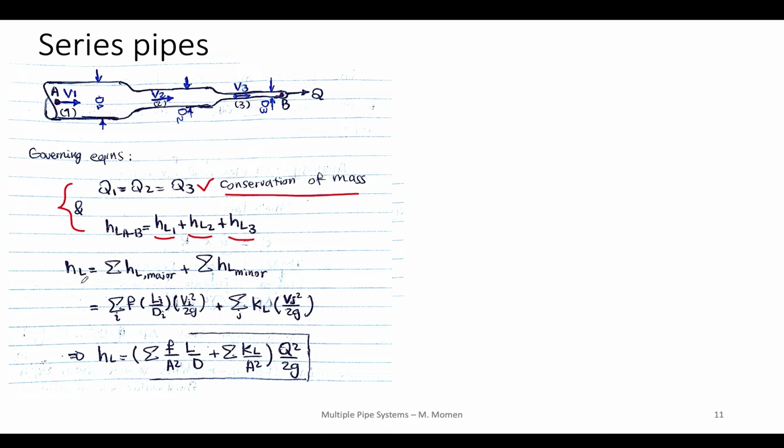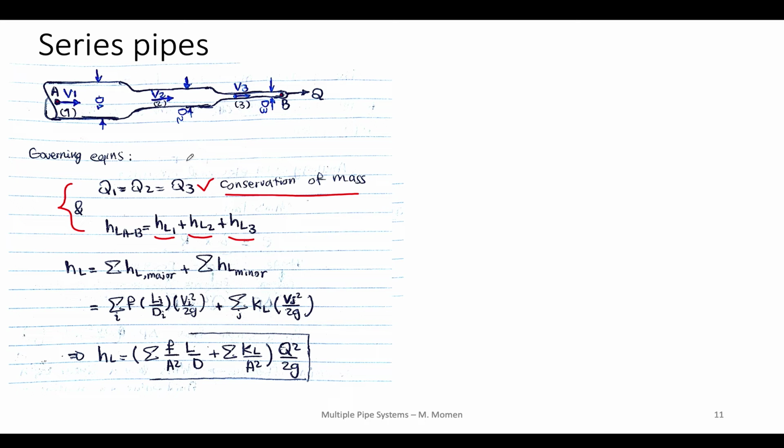So let's see what the HL is. The head loss is the sum of the major head losses in the system plus the sum of the minor head losses in the system. The major head losses are caused by friction in the system, and the minor head losses are caused by additional components in a pipe flow system, such as joints, elbows, faucets, or globes.